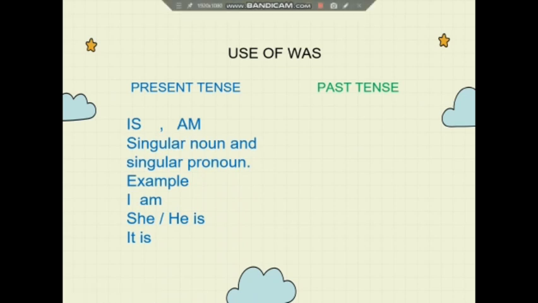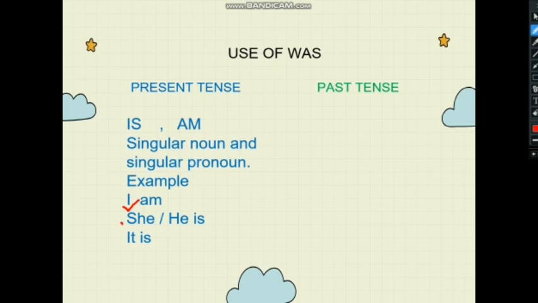For example, we are using it with I, like I am. We are using it with she, he. So we say she is, or he is studying, she is dancing, whatever the sentence may be. But all this is of the present tense. So here we are using is and am both to denote the present tense.